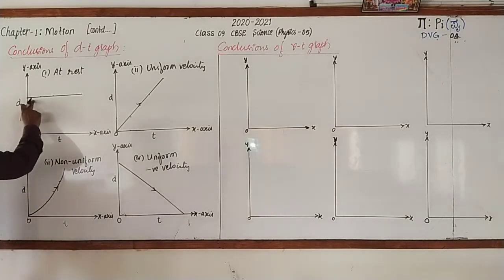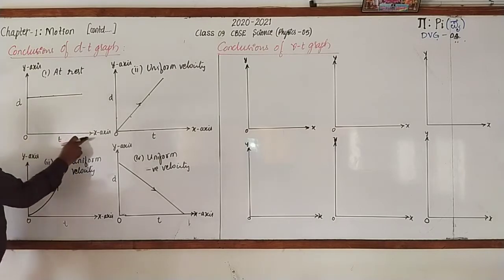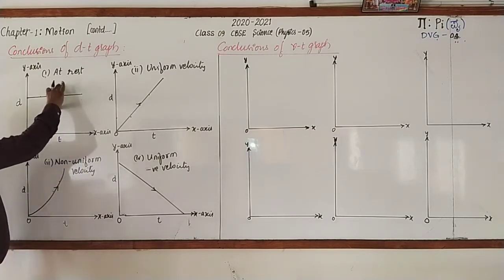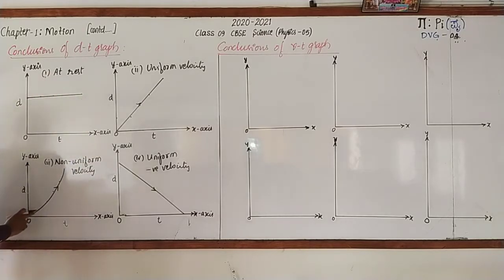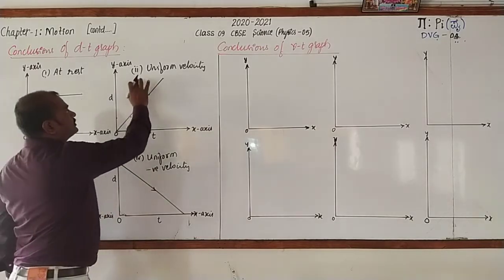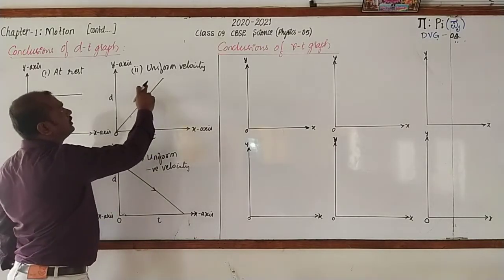The first one: in case of DT, if a line is drawn parallel to x-axis, you can say that it is the graph of a body which is at rest. Then if it is a curved line, then you can say that the body is moving with non-uniform velocity or non-uniform motion. Next, the third one.